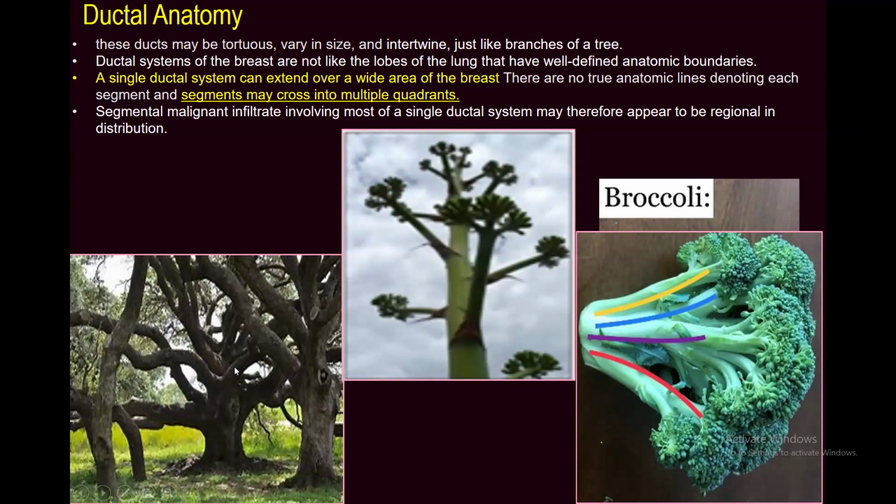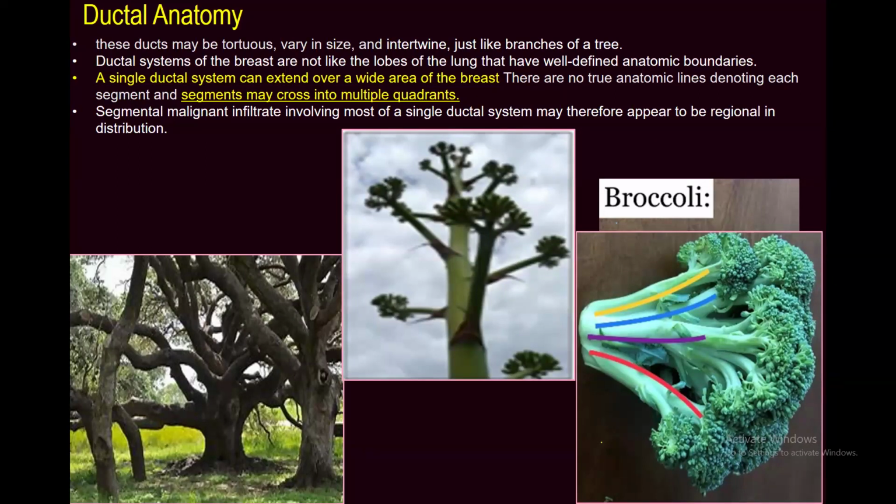Look at the branching of this tree, overlapping with branches of this tree, and the same in the broccoli. So this can explain the distribution and extensions of the cancer within the breast through the ductal system.